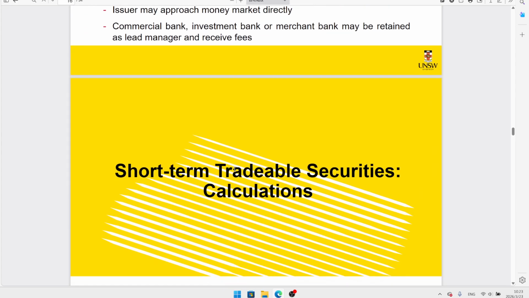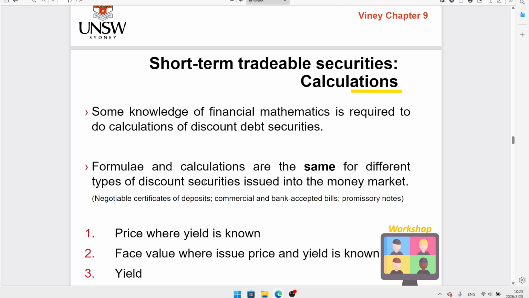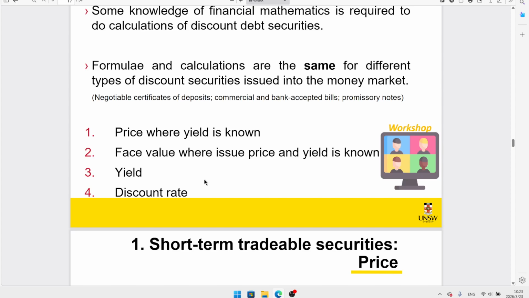Next, we'd like to discuss short-term tradable security calculation. Some knowledge of financial mathematics is required to calculate discount debt securities. The formula and calculation are the same for different types of discount security issued into the money market.